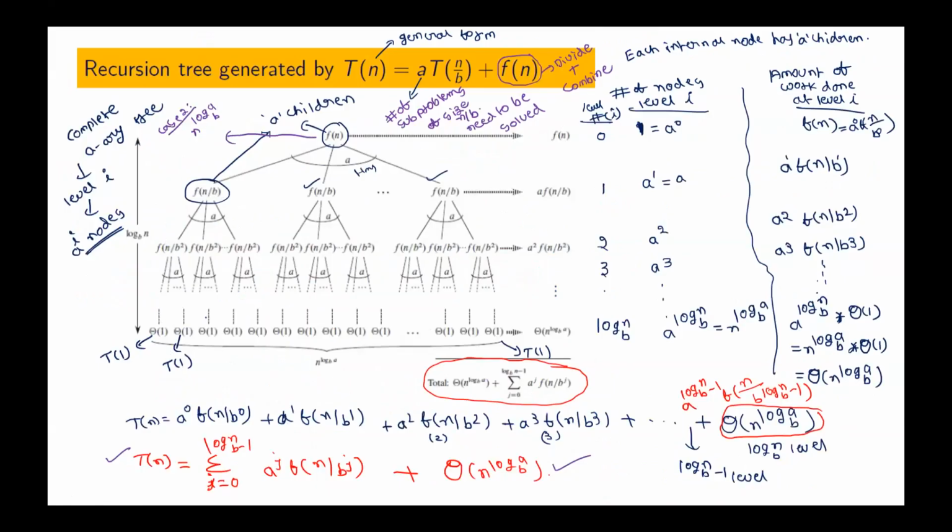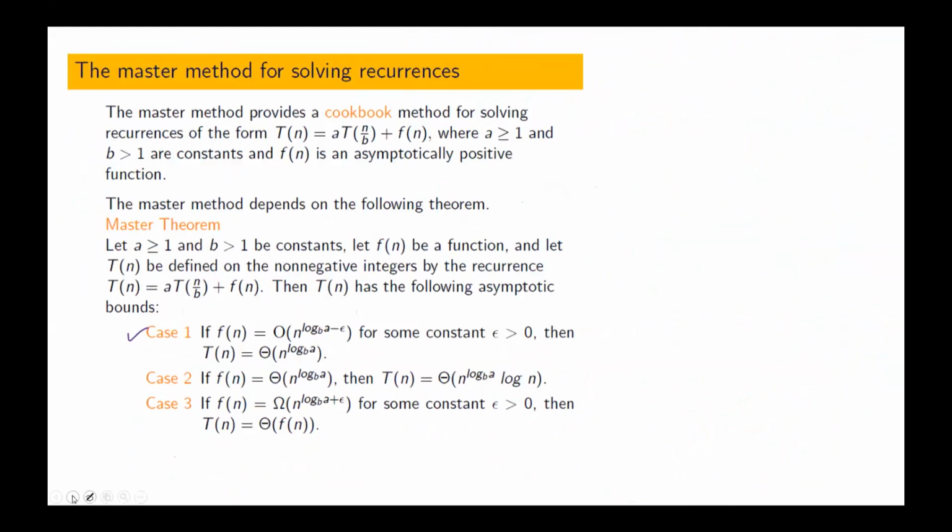Like that, in total how many levels do we have? That means work is distributed uniformly across all levels in the recursion tree. That means, what is the total amount of work done in this case? In case 2, f of n is theta of n power log a base b.